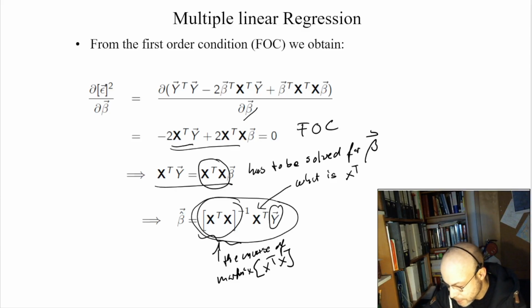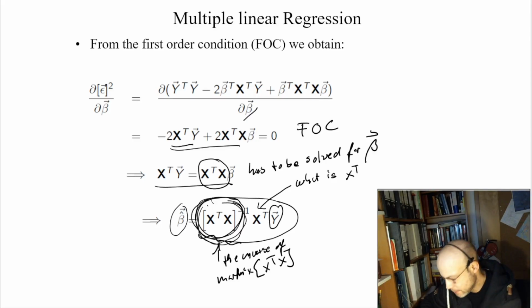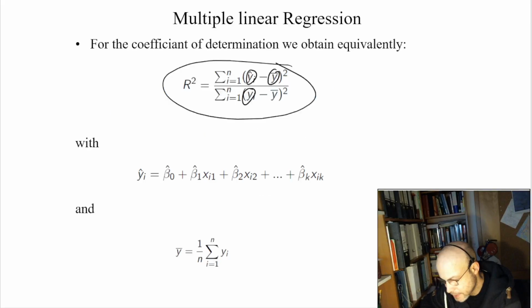Here we have maybe the most important matrix, because it ultimately determines the parameters beta that we can show.